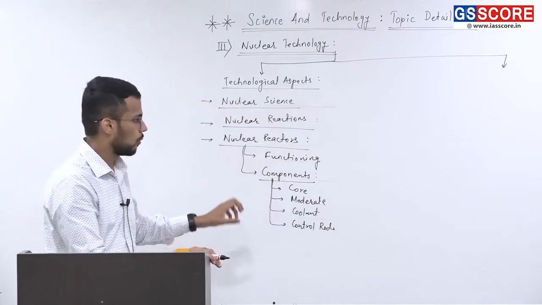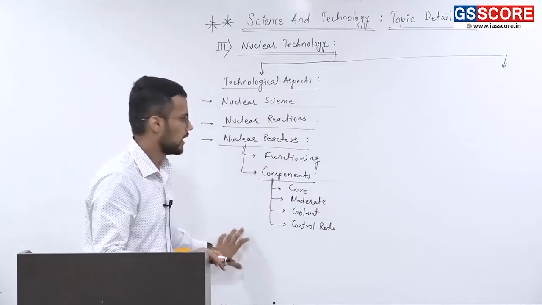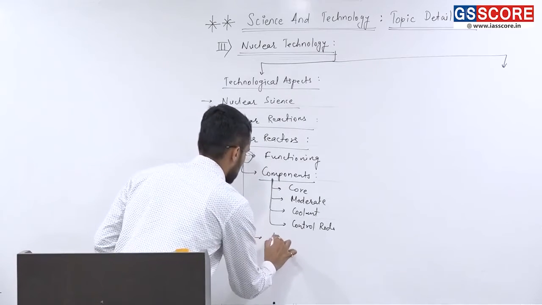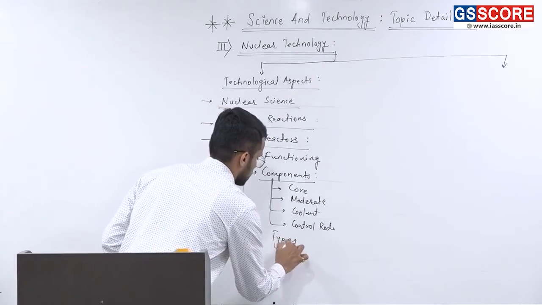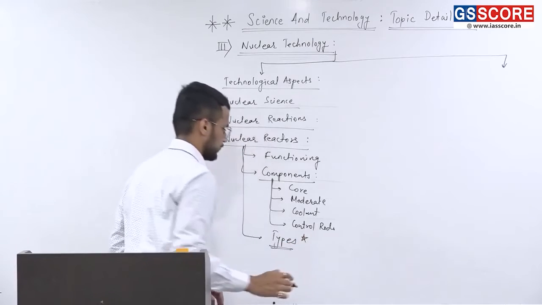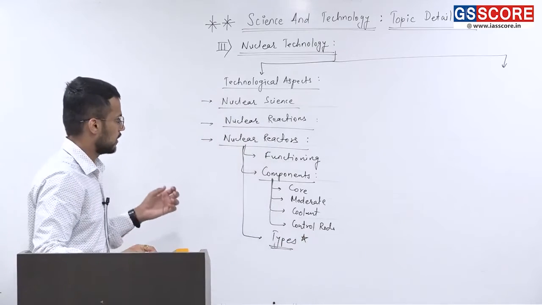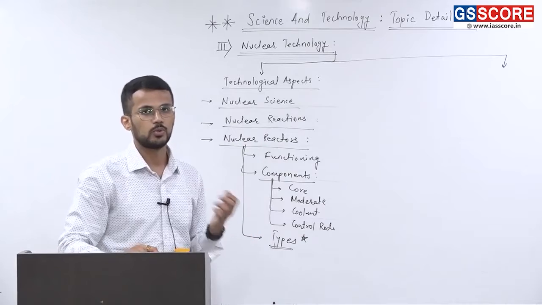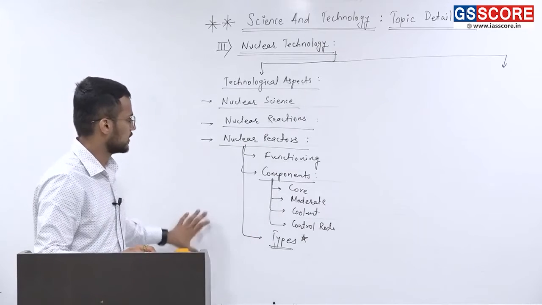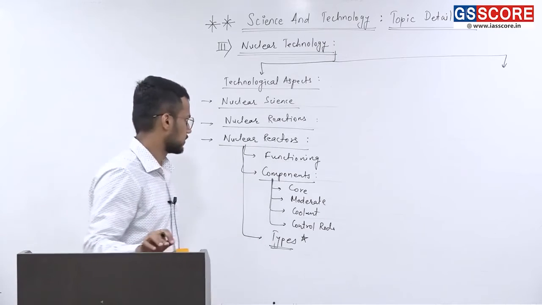So these important components you must be aware of. And then finally, types of nuclear reactors. This is very important. Types of nuclear reactors is an important part under nuclear technology. Fine, so that is about nuclear reactors.